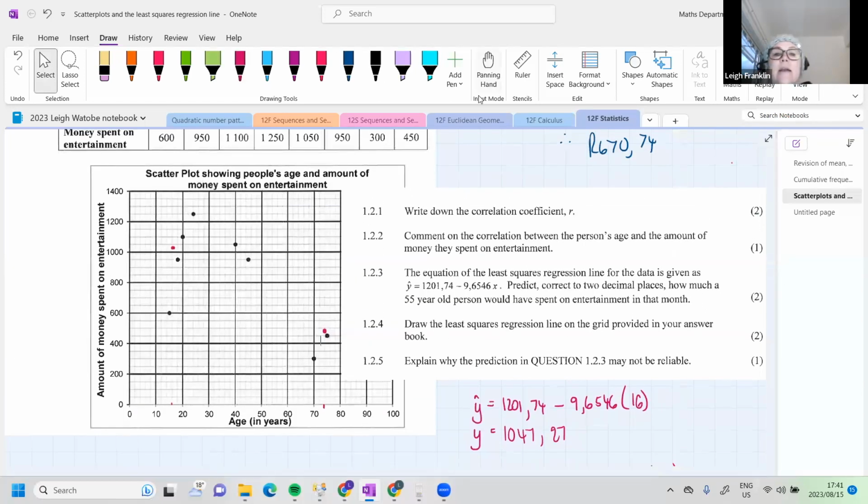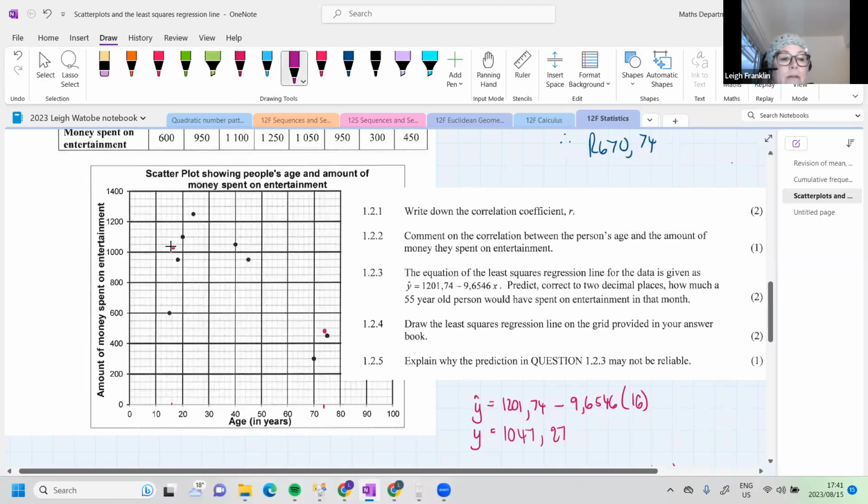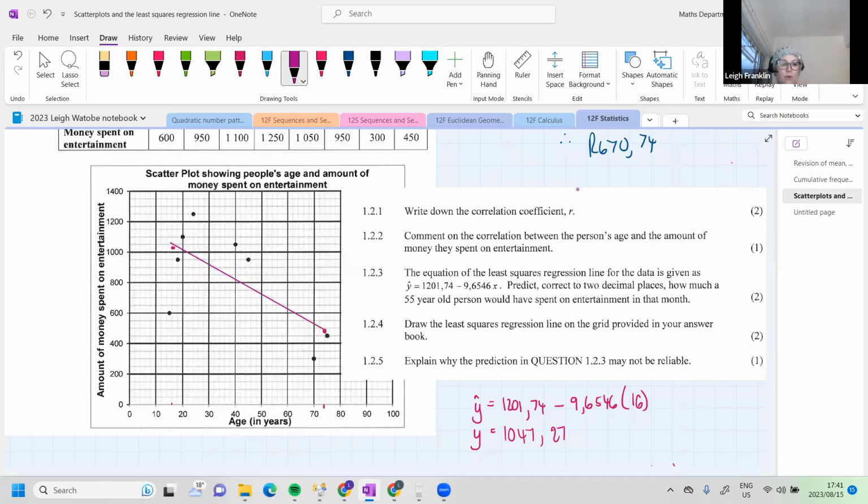Okay, and now we're going to get a pen and we are going to connect. It doesn't do it perfectly, but you would obviously connect your points like so. Because we're not allowed to go past the minimum or past the maximum. That's fine.